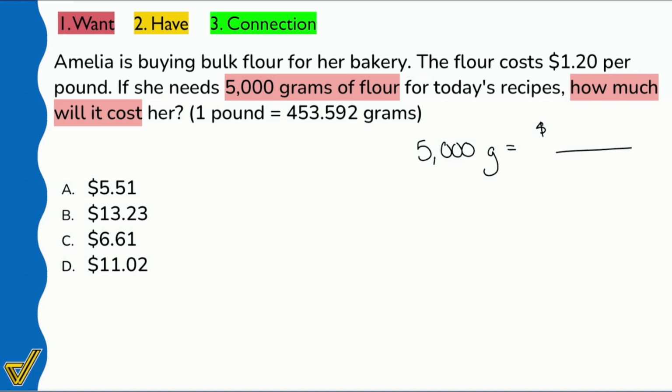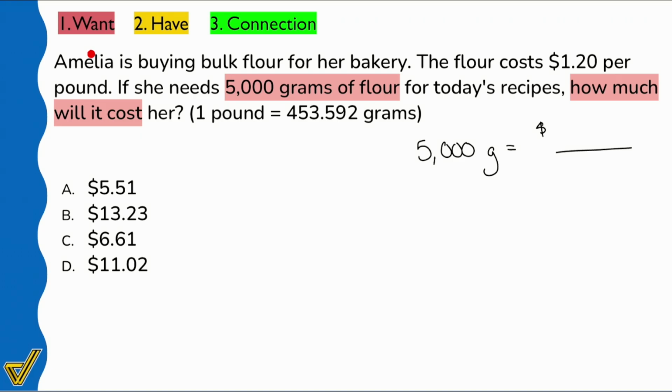I know some folks would definitely get confused because we're looking at a decimal with the money right there, then we see a big number here, then we see a conversion, and it looks really confusing, right? Don't worry at all. I got you. So here's what we're going to do. We're going to look at the information we have. The goal is, again, the cost of 5,000 grams of flour.